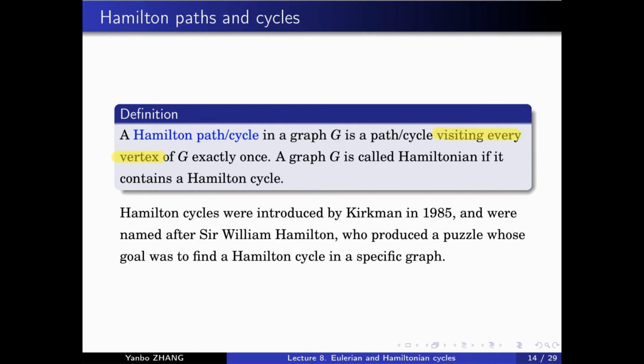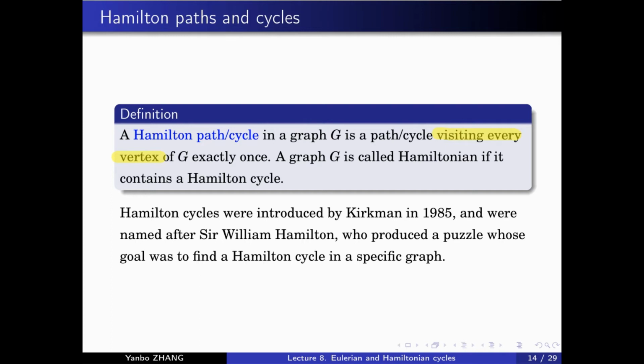A Hamilton path in a graph G is a path visiting every vertex of G exactly once. A Hamilton cycle in a graph G is a cycle visiting every vertex of G exactly once. A graph G is called Hamiltonian if it contains a Hamilton cycle.